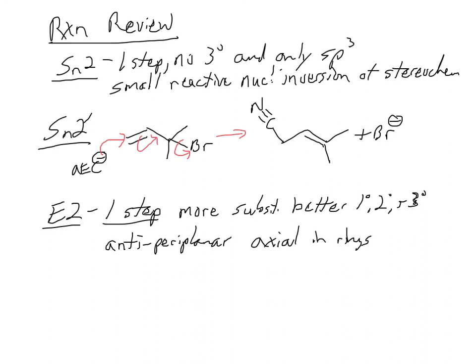You got to get the H and the leaving group axial. That's where you find out where the pi bond's at, but you gotta get them axial. That's the key for E2. Usually a bulky base, those kinds of things. Bigger base is good.